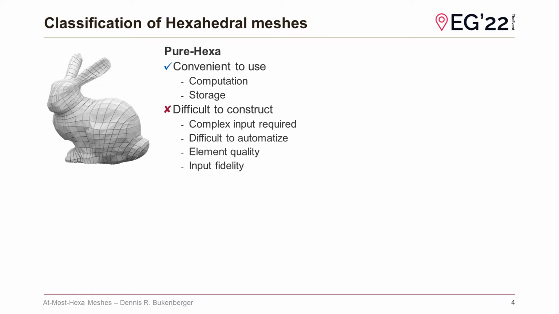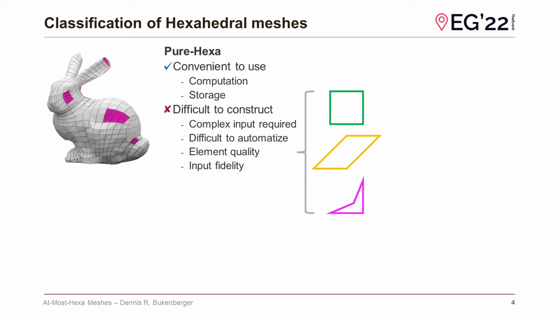And you always have to balance element quality against input fidelity. Quality is herein usually measured as the skewedness of individual primitives, expressed as the minimum scaled Jacobian. With the hard constraint on hex only, if the input is bad, they sometimes fail and produce inverted elements, which makes the result unusable for further computations.